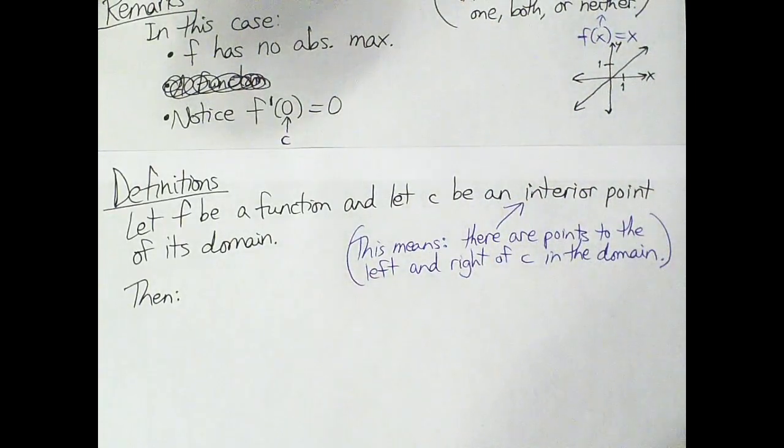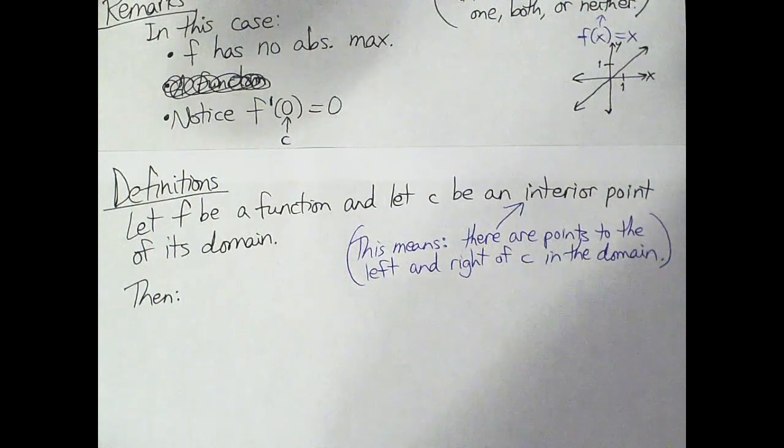An interior point of the domain means that there are points to the left and right of c in the domain. So this is going to be relevant because we might start looking at some examples where the domain is just an interval, maybe an interval with a square bracket on the left and a square bracket on the right.